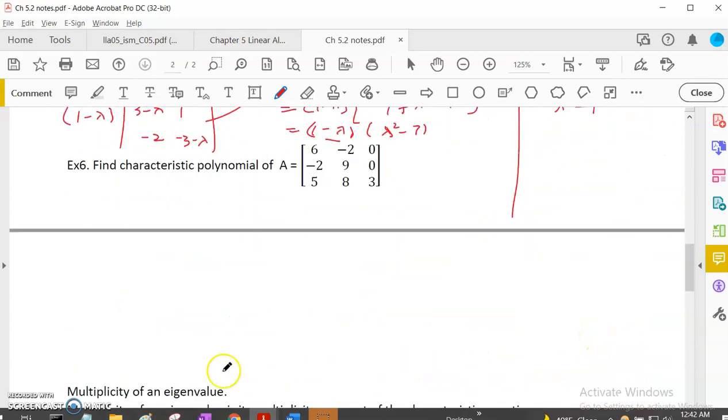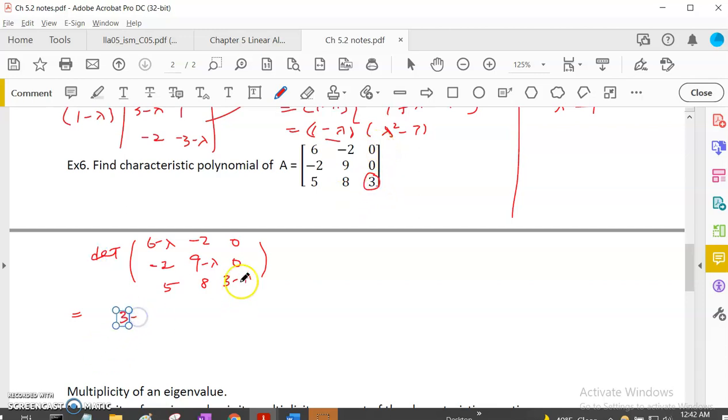Number 6, find the characteristic polynomial of that one. So that means it's the determinant of 6 minus lambda, negative 2, 0, negative 2, 9 minus lambda, 0, 5, 8, 3 minus lambda. So that is equal to what? Where can I expand? I expand it through this, right?